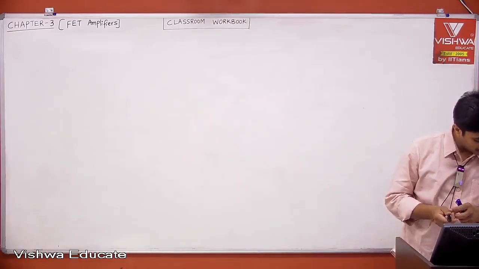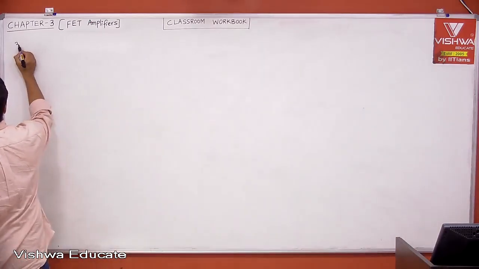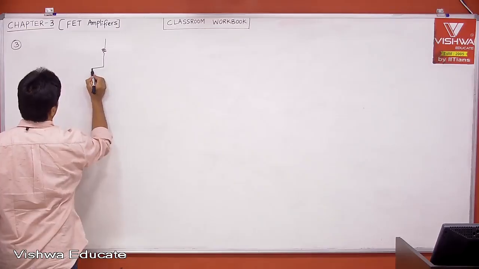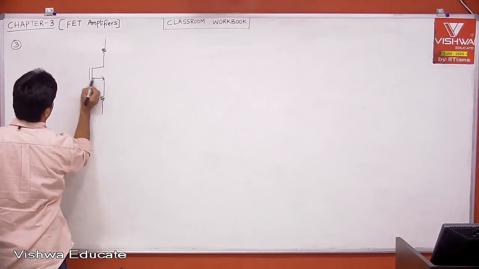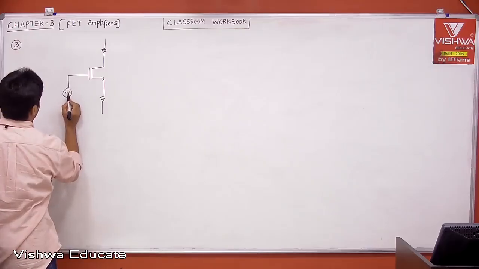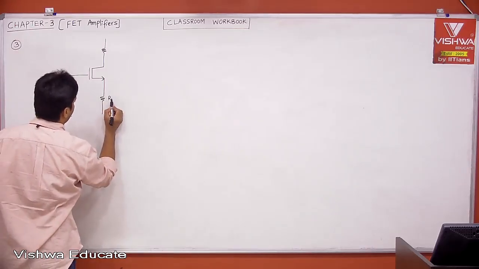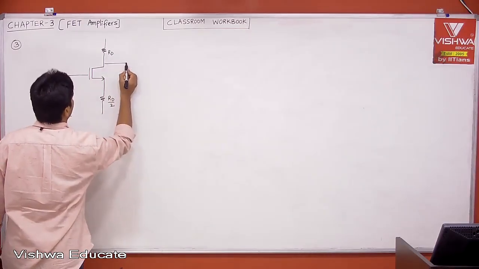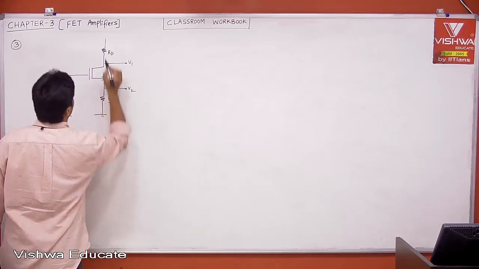Problem number 3. Okay, circuit is given, RD by 2. This is VI, this is RD by 2, RD, now this is V1, this is V2.